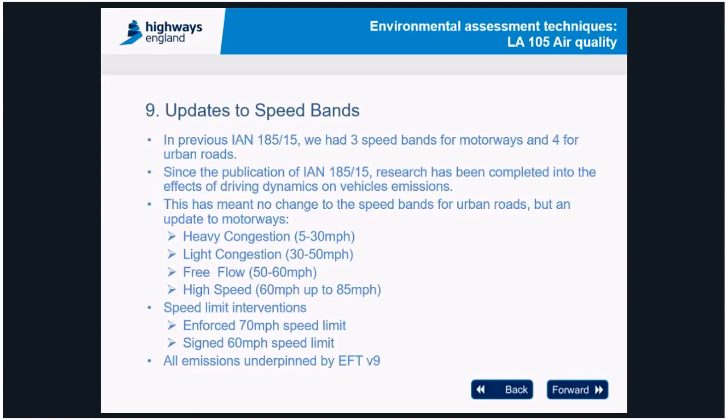and we've also introduced high speed, and this represents both the effective driving dynamics, for which we've been able to get a lot more clarity, but also the more recent published statistics around drivers on the UK road network from the Department for Transport, where quite a lot of those drivers, somewhere in the region of 50% of cars and vans, drive in excess of 70 miles an hour, with 10% of road users driving in excess of 80 miles an hour.